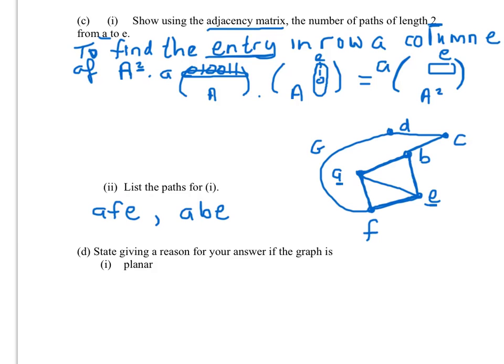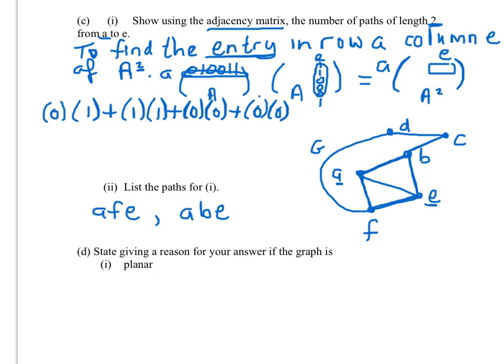Now if I multiply the corresponding entries of this row and this column, what I'll get is 0 multiplied by 1 plus 1 multiplied by 1 plus 0 multiplied by 0 plus 0 multiplied by 0 plus 1 multiplied by 0 and lastly plus 1 multiplied by 1. And I add up all these.